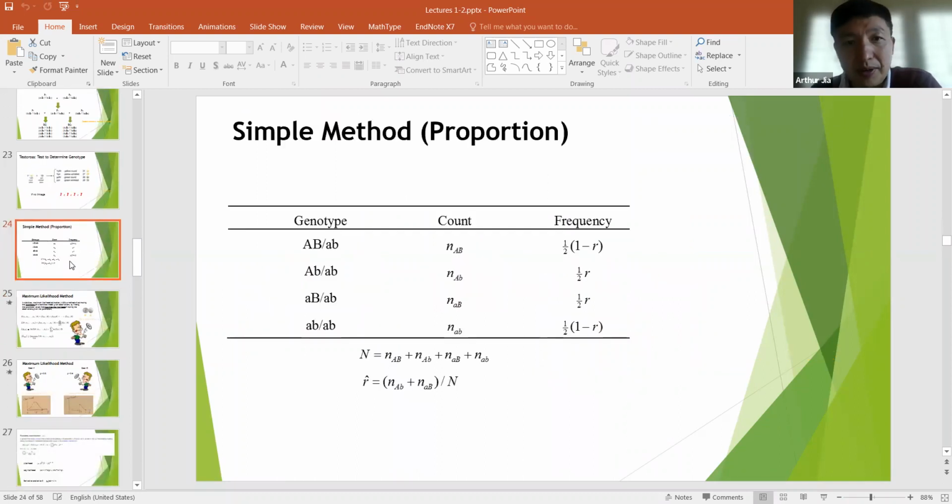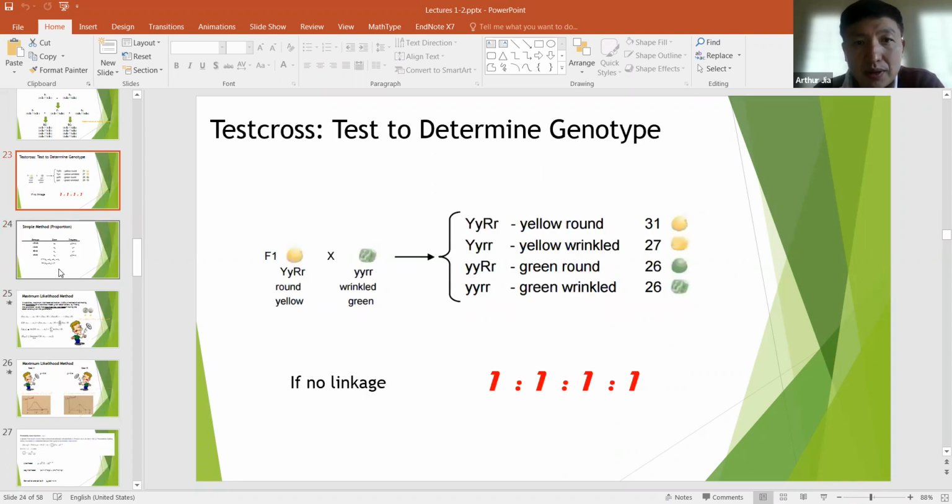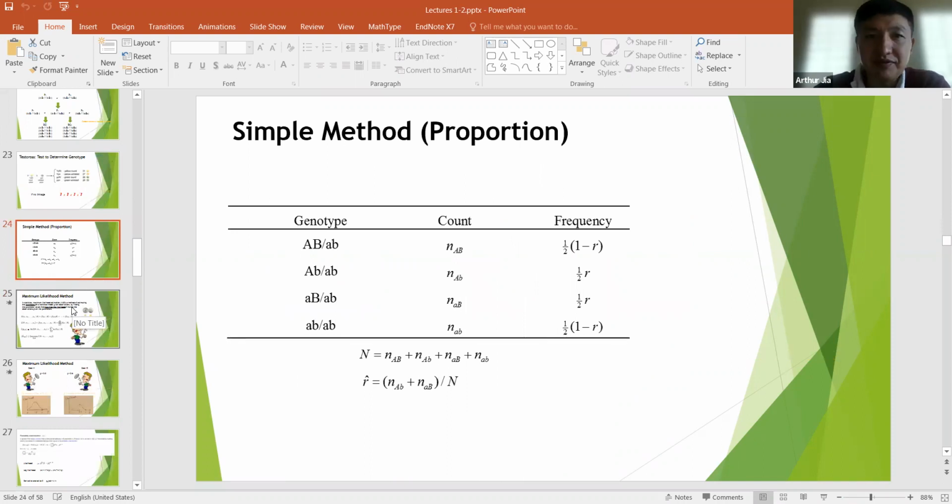And okay, so let's see. For example, in this F2 family, yeah, that's the table. And so if we are doing an experiment, for example, F2 to measure the genetic distance between A and B, the two loci, gene A and gene B, because of the recombination crossovers, we can have 4 genotypes in the F2 population, right?